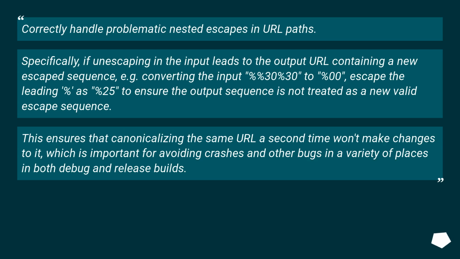Specifically, if an escaping in the input leads to the output URL containing a new escaped sequence, for example converting the input %30%30 to %00, escape the leading percent as %25 to ensure the output sequence is not treated as a new valid escape sequence. This ensures that canonicalizing the same URL a second time won't make changes to it, which is important for avoiding crashes and other bugs in a variety of places in both debug and release builds.